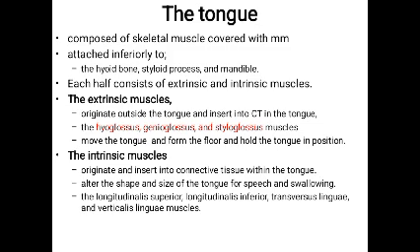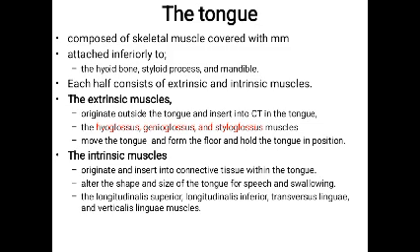The extrinsic muscles originate outside the tongue and insert into connective tissue in the tongue. The hyoglossus, the genioglossus, and the styloglossus muscles move the tongue and form the floor and hold the tongue in position. The intrinsic muscles originate and insert into connective tissue within the tongue, and alter the shape and size of the tongue for speech and swallowing.